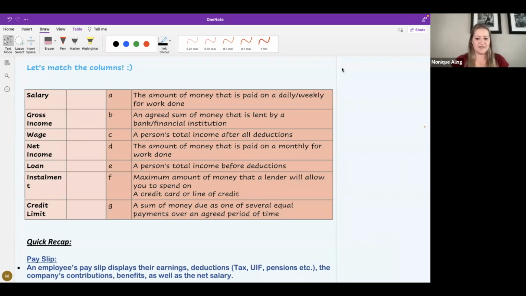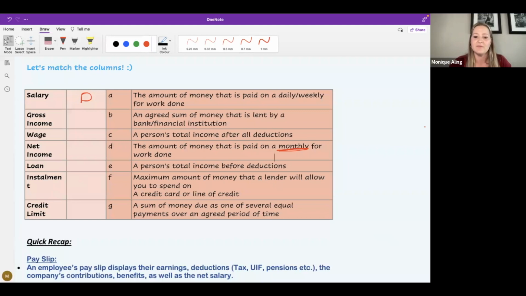Okay, it's almost unanimous, and correct. Salary is D: the amount of money that is paid on a monthly basis. It's very important that you know the key word there is monthly. I have seen it in tests before where they ask you the difference between salary and wages. We'll get to the wage definition now.